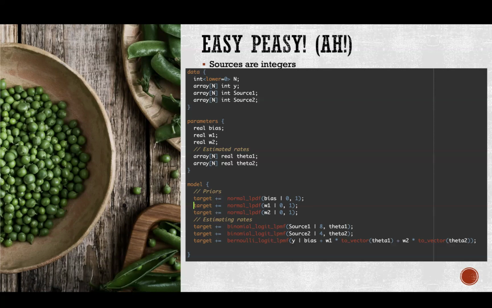In the data, we provide how many rows there are in our data set. We provide the y that is for each trial. What is the participant choosing? Red or green, red being 1 and green being 0. Then we have an array of integers that says out of the 8 marbles, how many of those were red at any given trial.